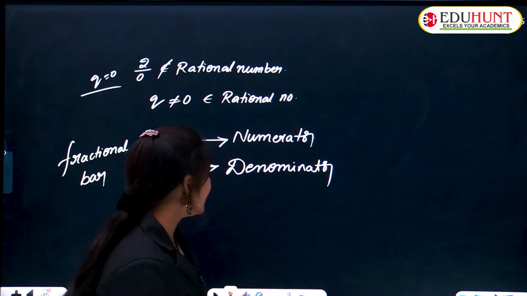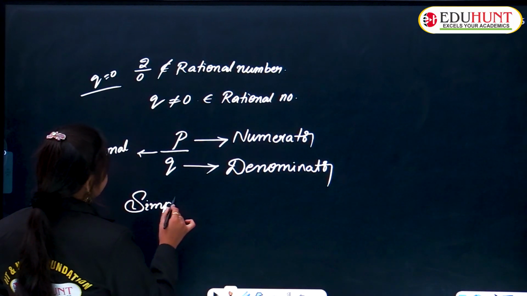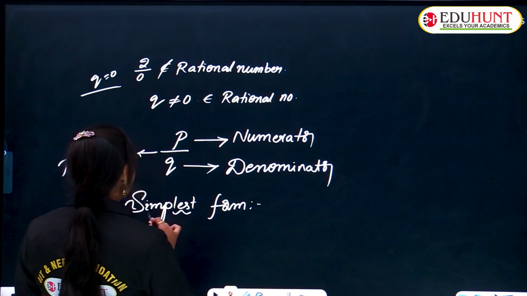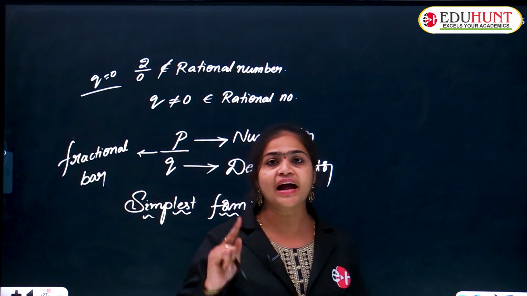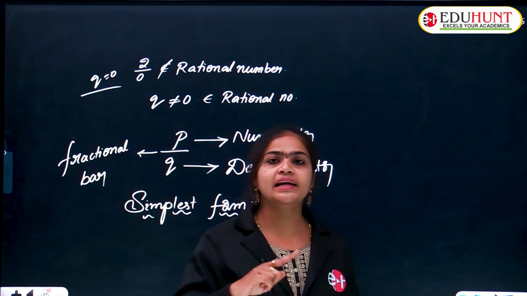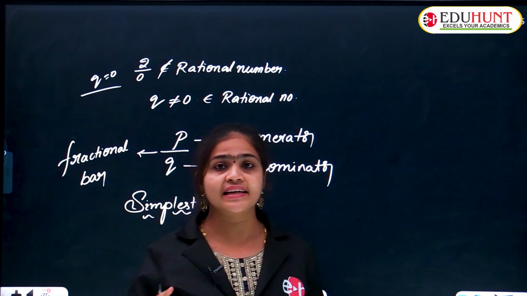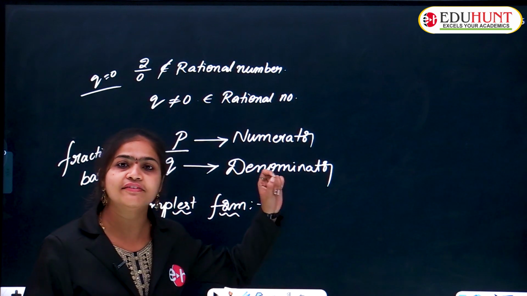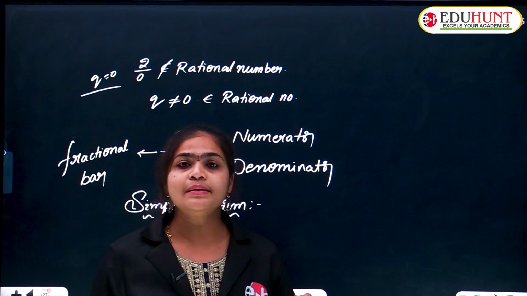Understood? Now what about the simplest form? Simplest form means both numerator and denominator do not have any other common factors except 1. In a rational number, if both numerator and denominator do not have any other common factors except 1, then only we can say that the given fraction or rational number is in its simplest form.